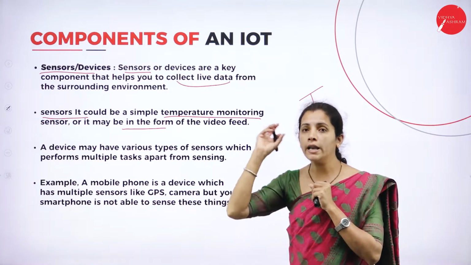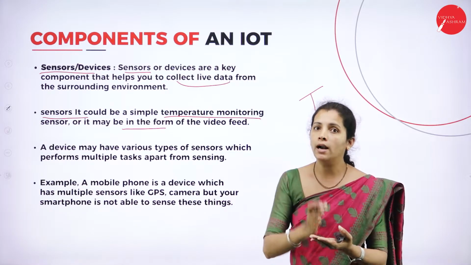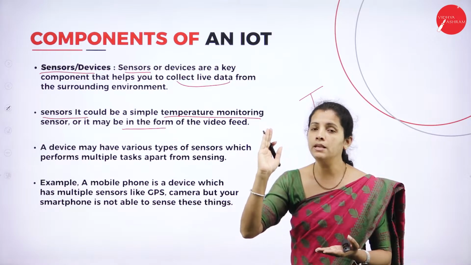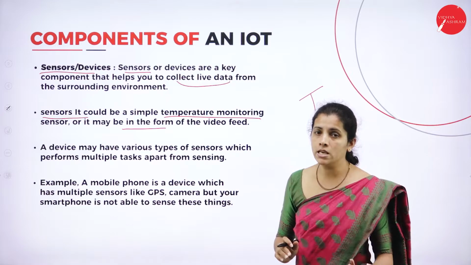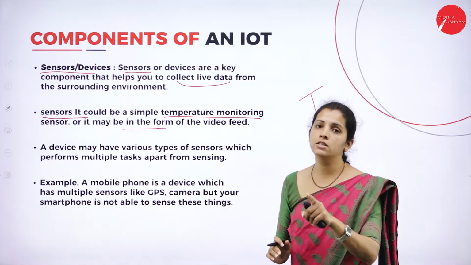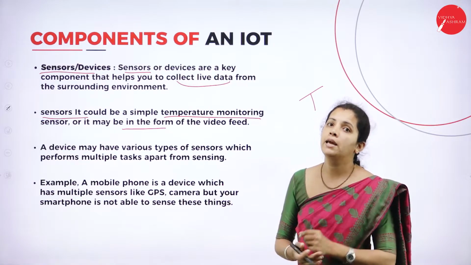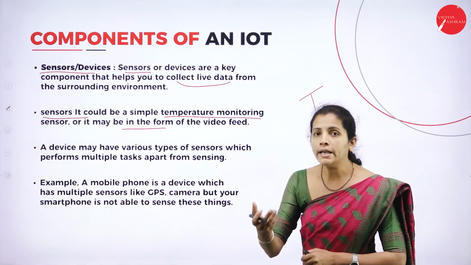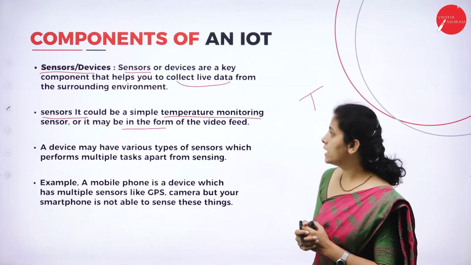I want to connect that AC with my cell phone. To control the AC, I require a sensor. That means the sensor must be built in with the AC. Then I connect that sensor to my cell phone. From the cell phone, I can operate the AC. To operate the AC, what do I require? I just require an internet connection.